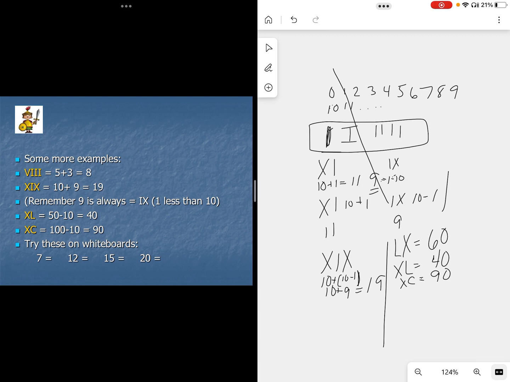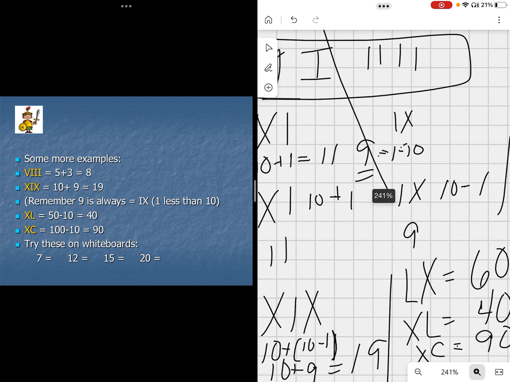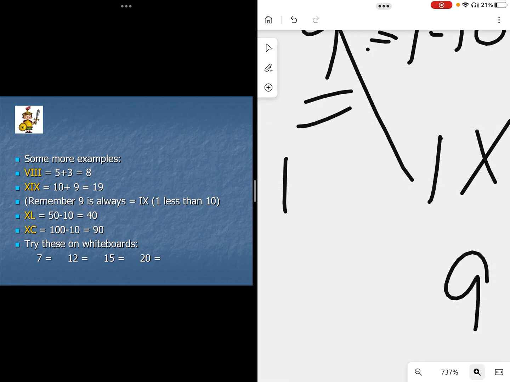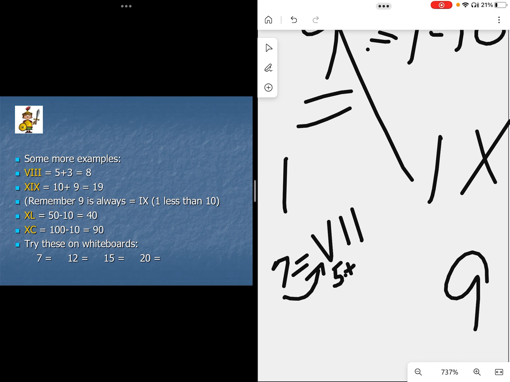Well, what would 7 be? Let's go ahead and work with 7. We're going to write 7 in Arabic numerals, from Arabic numerals to Roman numerals. 7 would be VII, because that is 5 plus 1 plus 1.